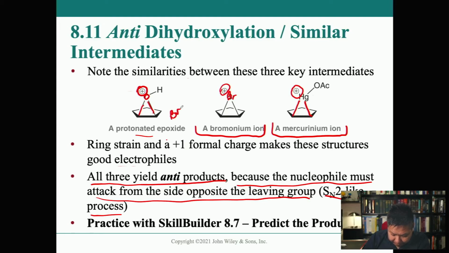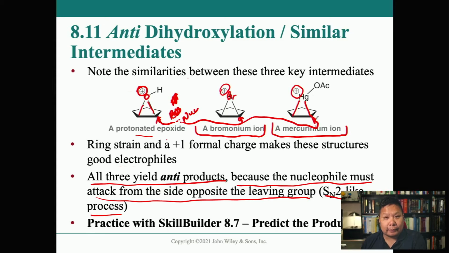We have a nucleophile, and it's got to attack from the backside, or the underside in this case. And that's why these reactions that have these intermediates in alkene addition reactions always yield anti products. So remember that. Practice Skill Builder 8.7, predict the products on Wiley Plus.